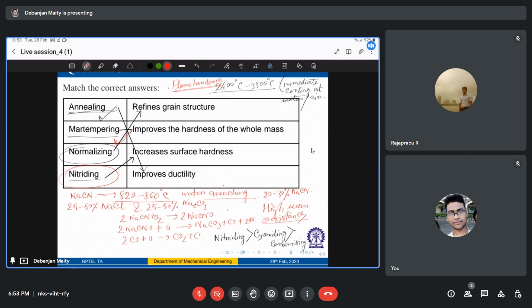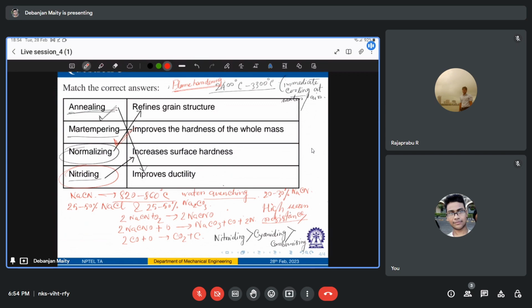In gas welding you have this oxyacetylene torch, and through a mixture of oxygen and acetylene, which will be covered in different kinds of welding processes, you produce the oxyacetylene flame. You have an oxidizing flame, a neutral flame, a reducing flame. My point is, you use the oxyacetylene torch there also, so for flame hardening you can use this oxyacetylene torch.